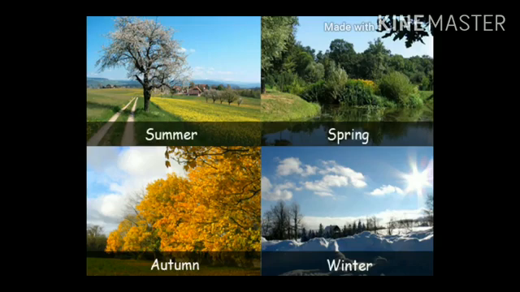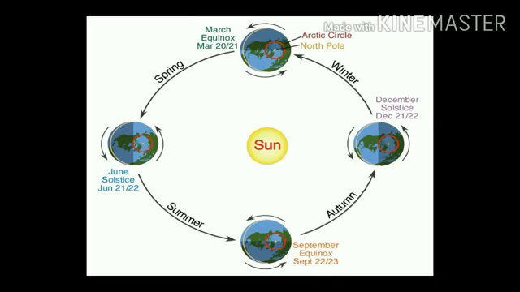As you know, a year is usually divided into summer, spring, autumn and winter seasons. Seasons change due to the change in the position of the earth around the sun. Now look at this picture. Here you can see the position of the earth on 21st June.